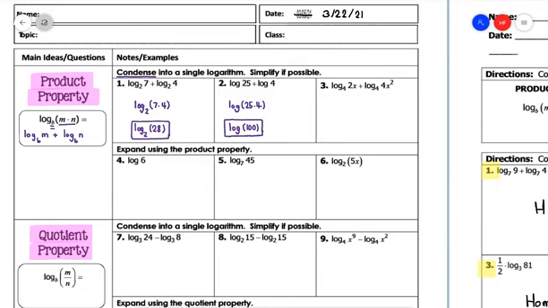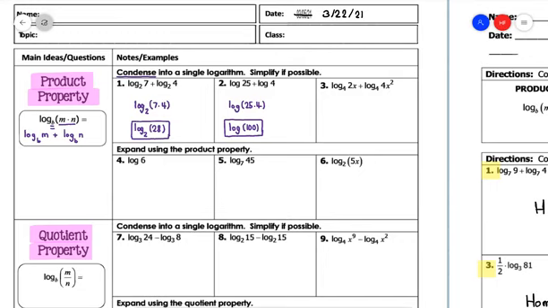I prefer to write it with the parentheses just because I feel like it's easier to see where the base is versus what is going into the log. When it's written without them, we don't really know what the base is, especially when we're handwriting them, the 2 and the 7 might look the same size. So that's just why you'll see me write it with the parentheses there.